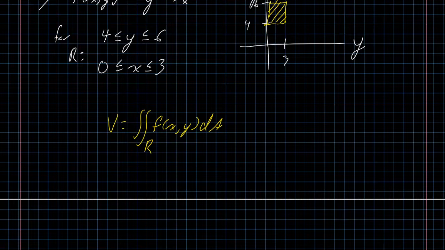We can either integrate y first, then x, or x first, then y. If our region of integration has some bias to it, sometimes one or the other of those is easier. This region does not have any bias to it whatsoever. So y then x is kind of the default if you don't have anything better to do.